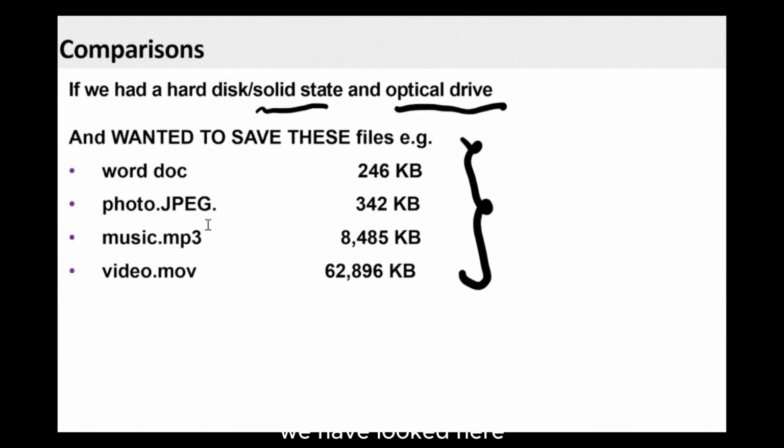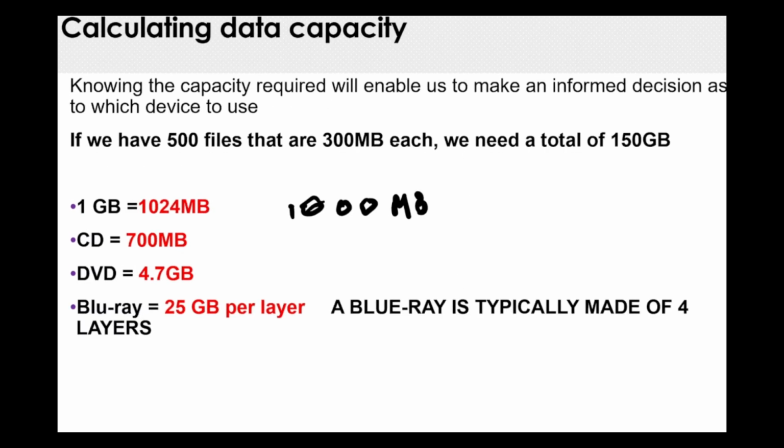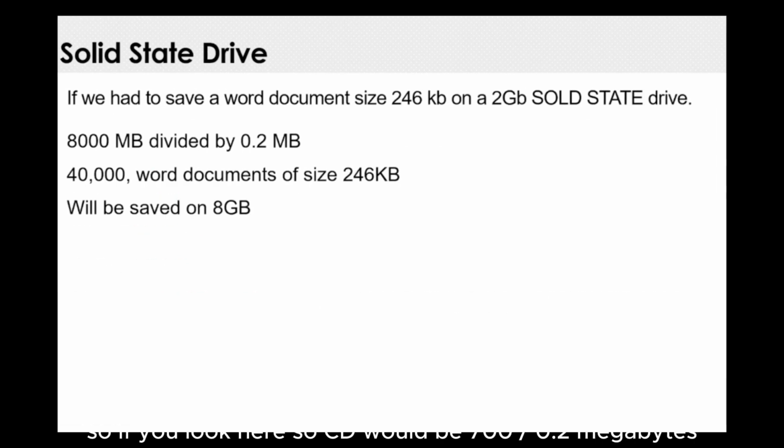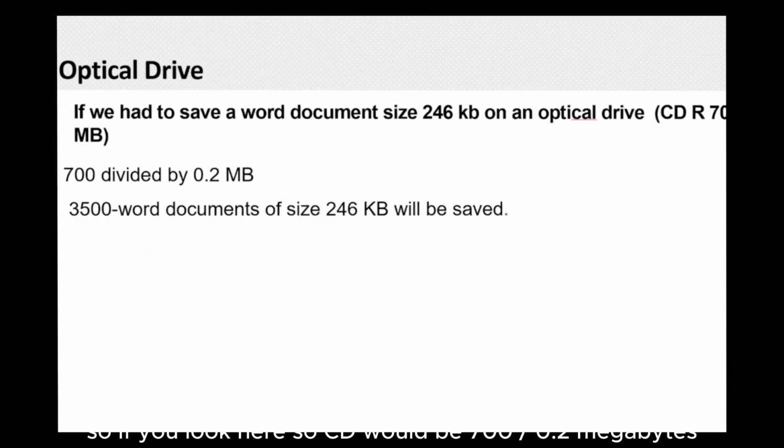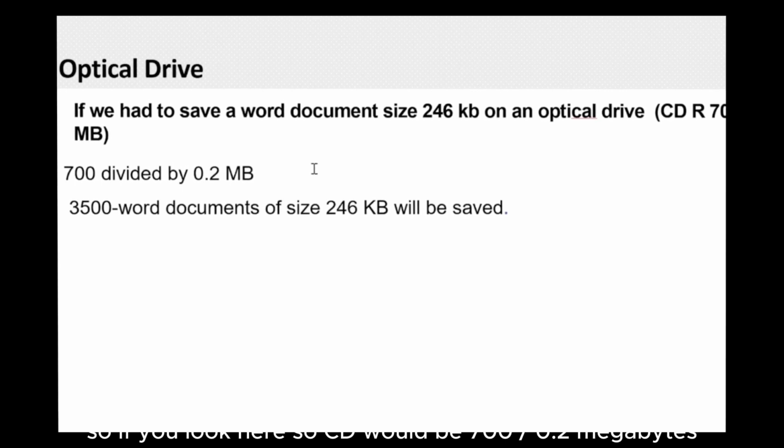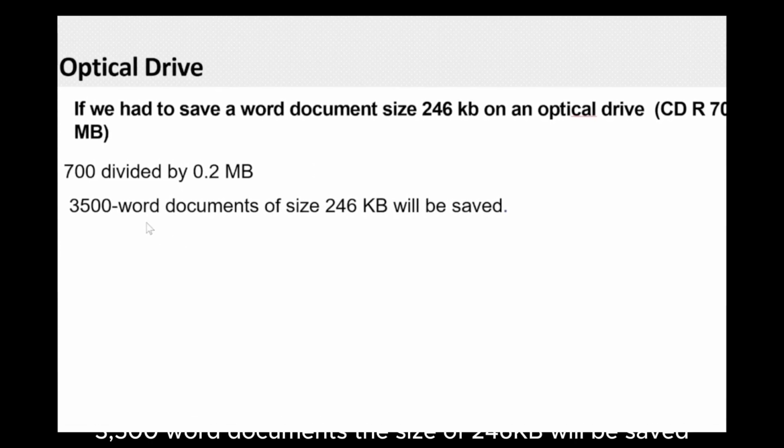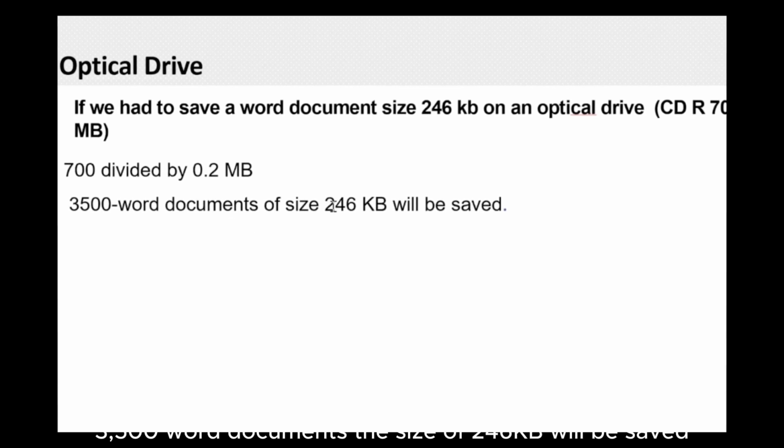If you go up on one of the slides I showed you, CD is 700 megabytes. So CD would be 700 divided by 0.2 megabytes. 3,500 word documents of a size of 246 will be saved.